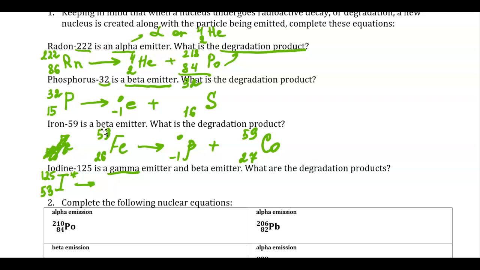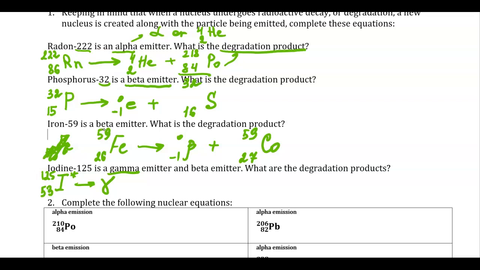It's a kind of excited state for the atom. It's a gamma emitter, right? So gamma means that it emits energy, releases energy, right?